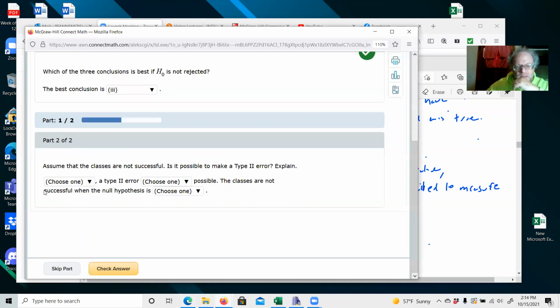So yes, you can make a type 2 error. It's possible. The classes are not successful when the null hypothesis is false.